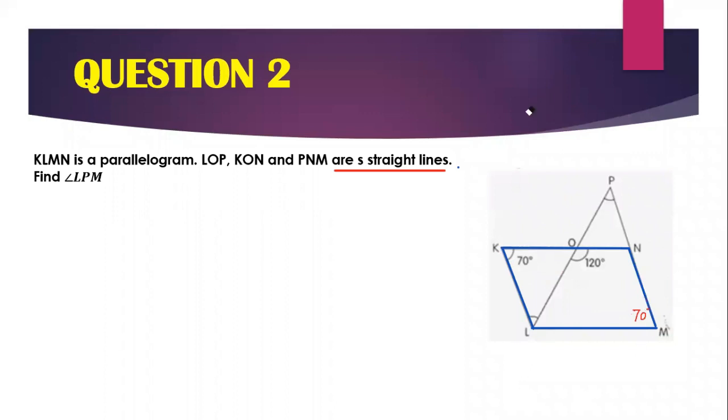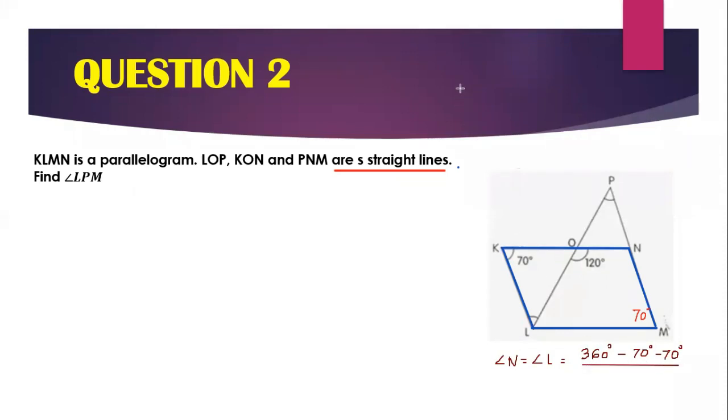Next. So what about angle N? Angle N equals angle L, equals 360 degrees minus 70 degrees minus 70 degrees, divided by 2.